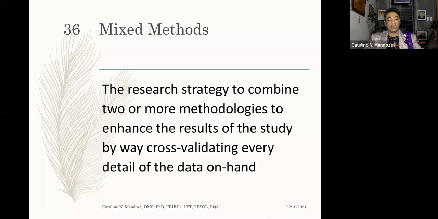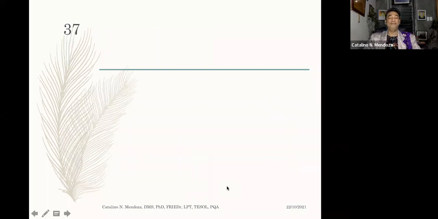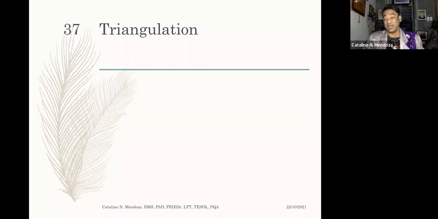So let's say, for example, grounded theory and narrative design. So all you have to do is to validate based on the written documents, etc. And even that particular mixed method falls under triangulation.